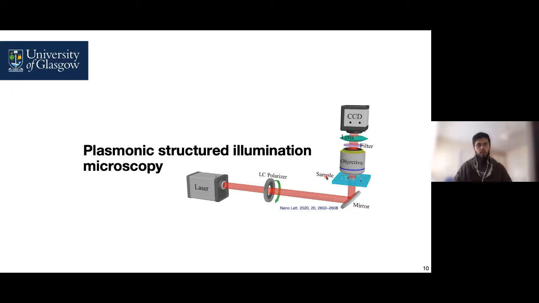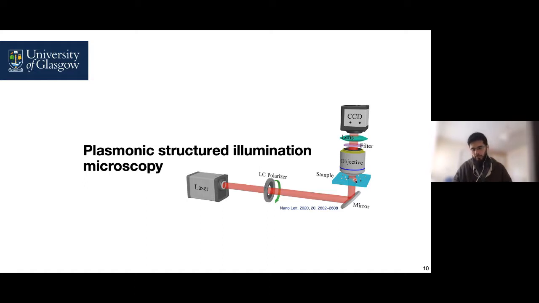In a conventional microscope, this sample stage is illuminated by a uniform light, meaning an electromagnetic, laser or optical beam which has the same distribution throughout the beam.